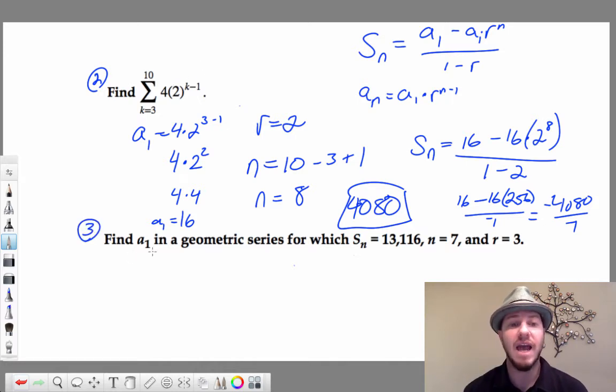In the next one, find A1 in the geometric series given. So this is my SN. That's going to be going on the left side of the equation.